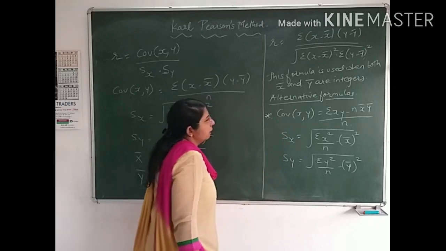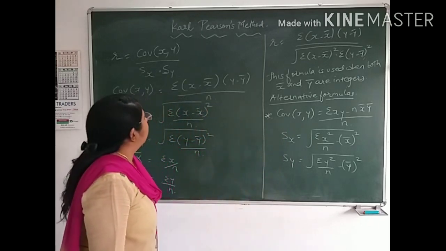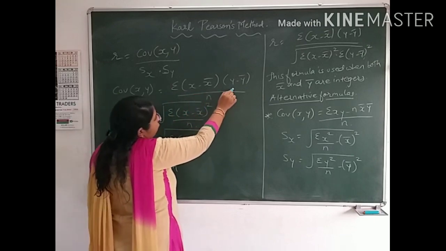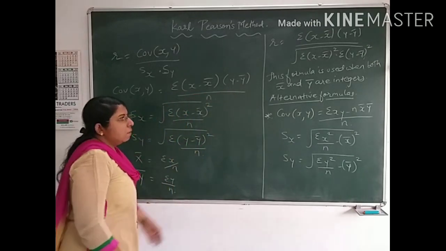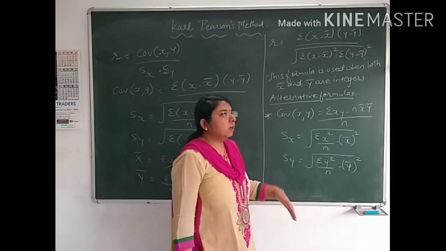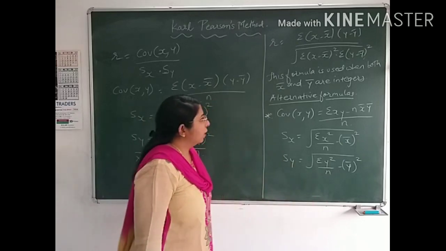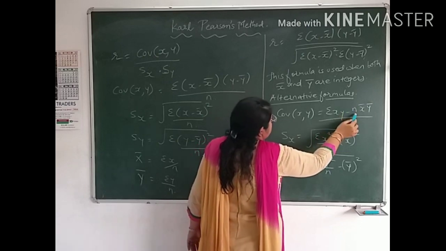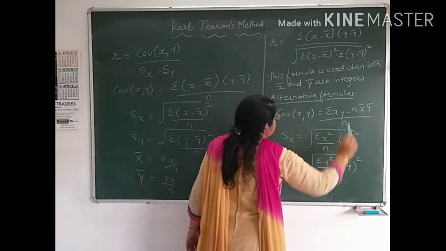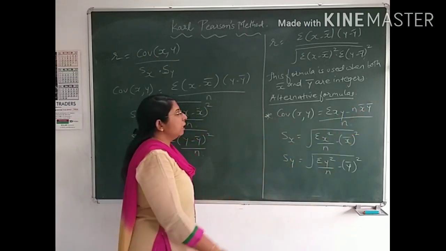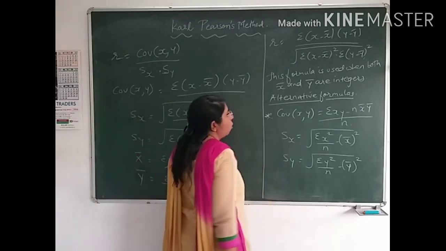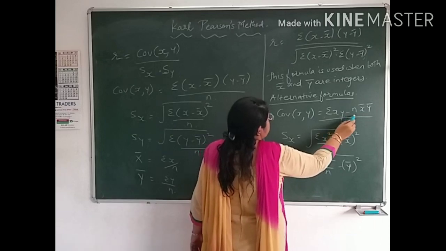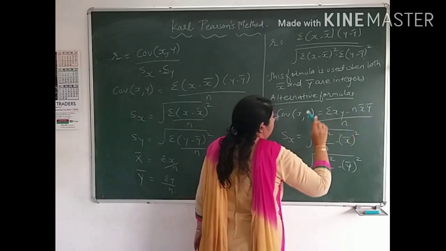First formula over here is covariance of xy. The basic formula of covariance of xy is sigma x minus x bar, y minus y bar, upon n. But the alternative formula, when the other values are given, that is when the value of sigma xy is given to you in the question, when n, x bar and y bar are given to you, then the alternative formula to find covariance of xy is sigma xy minus n x bar y bar upon n.